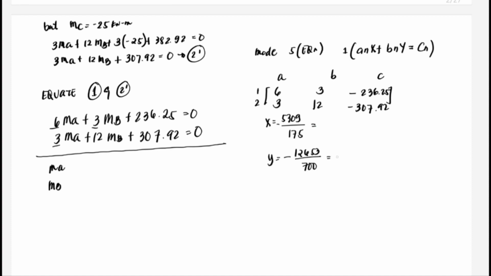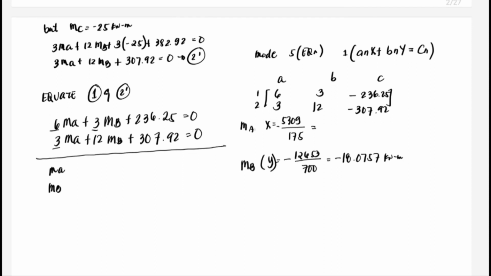So, this one, we have negative 18.0757 kilonewton meter. This is your moment B. That is moment B. The other one, we have moment A, the one you got earlier. The answer here would be, in decimal, negative 30.337 kilonewton meter.